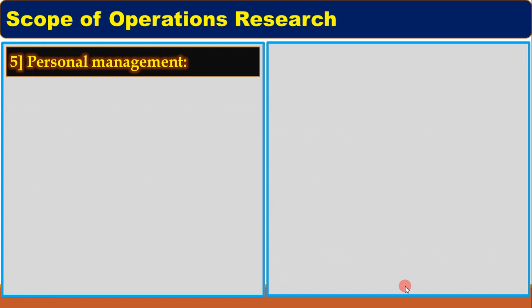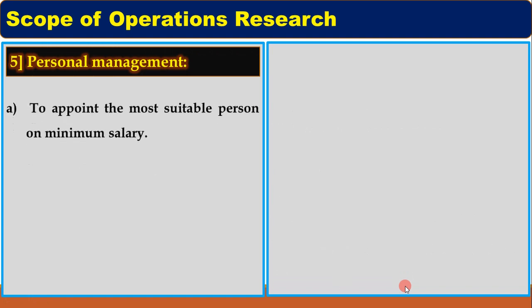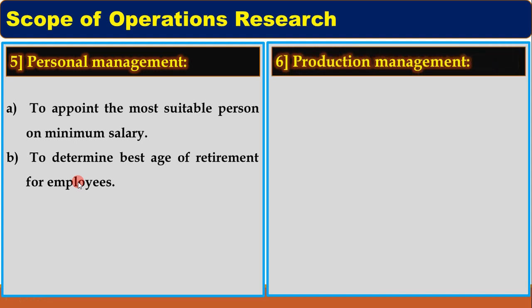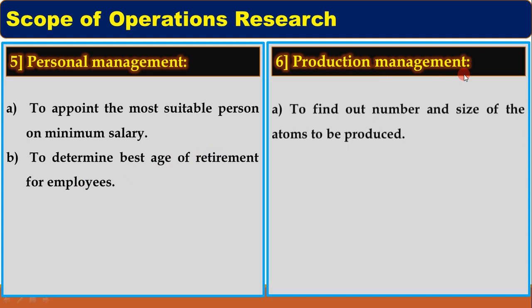Next is personnel management. In personnel management, it helps to appoint the most suitable person on a minimum salary. It also helps to determine the best age of retirement for employee. Now, next field is production management. It helps to find out the number and size of items to be produced.